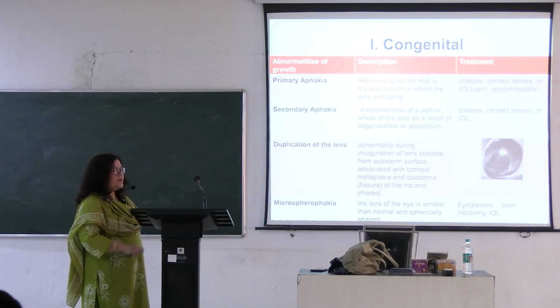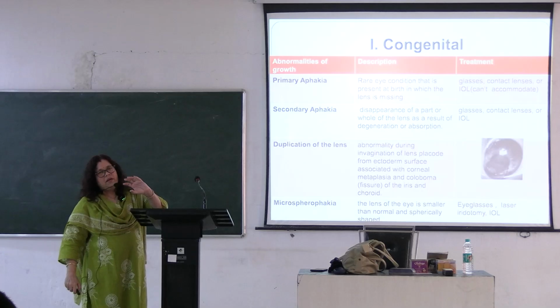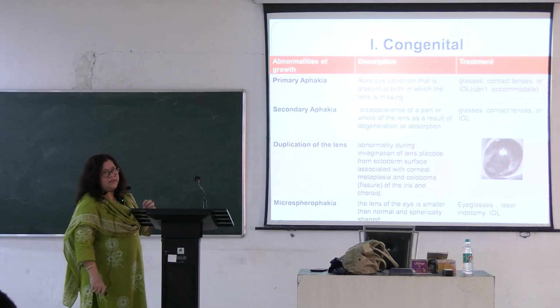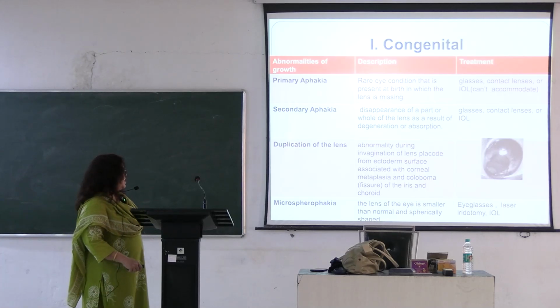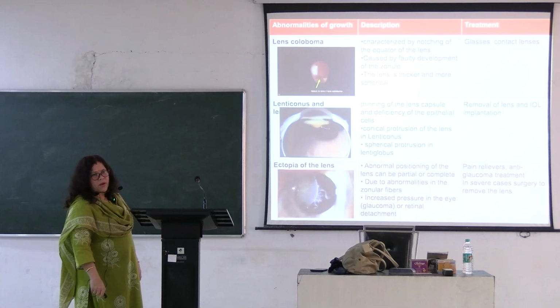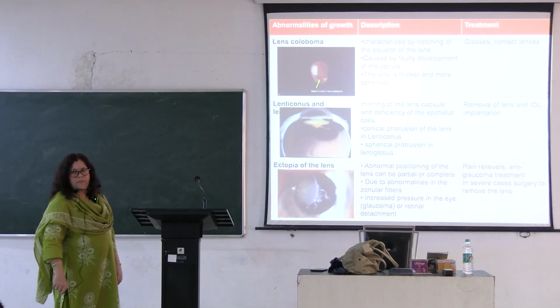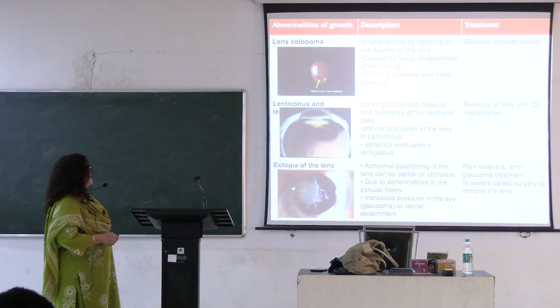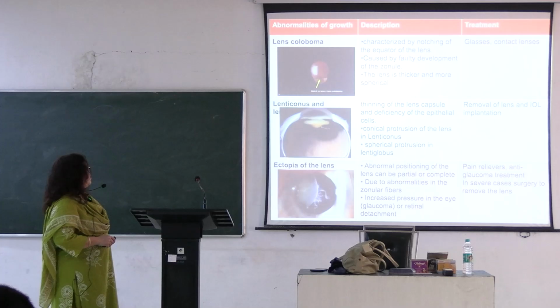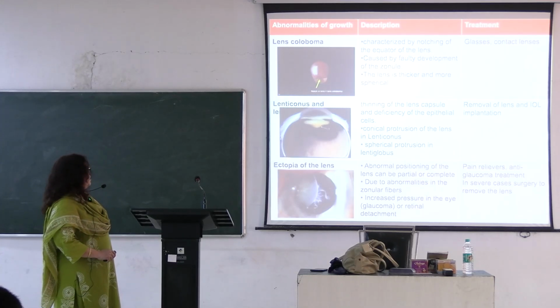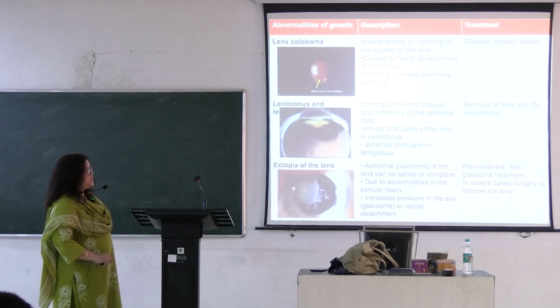Then microspherophakia. Microspherophakia means the lens is spherical and its size is decreased. Then lens coloboma. Coloboma means absence of part of tissues. It is characterized by notching of the equator of the lens, caused by faulty development of the zonules, and the lens is thicker and more spherical.